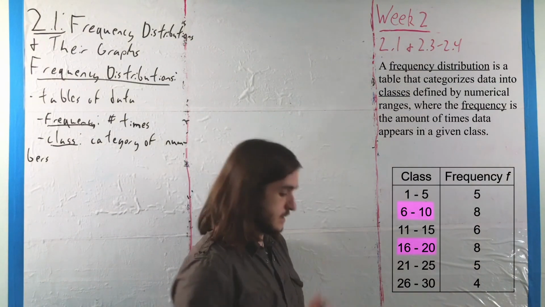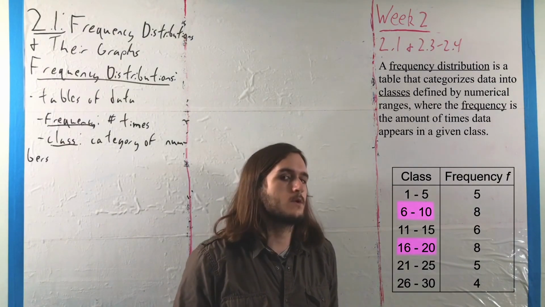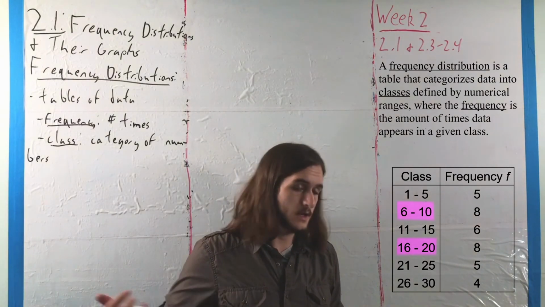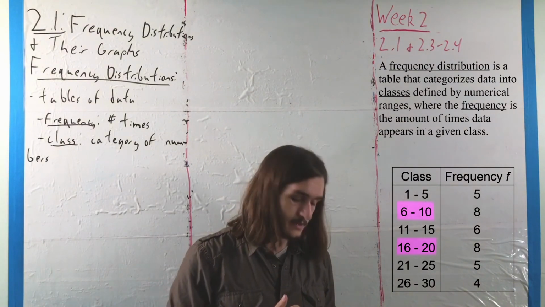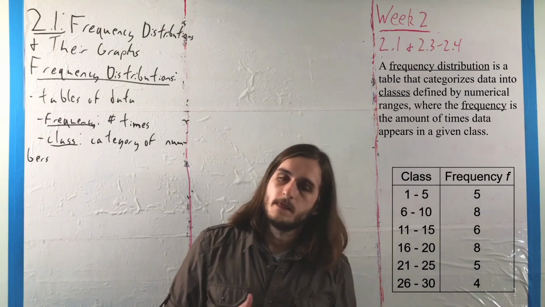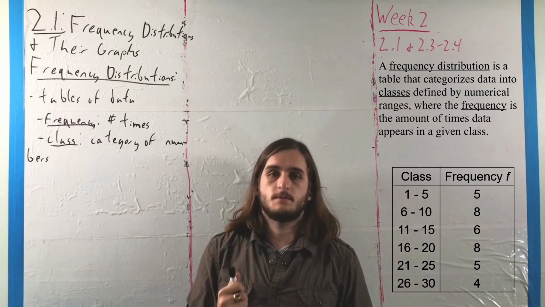That's where most of the data happens to fall in this case. And that's the sort of thing that might be a little bit harder to discern if all we had was every single data point in that set. And what we're going to see next is the process for how we can take a data set and turn it into something like that.